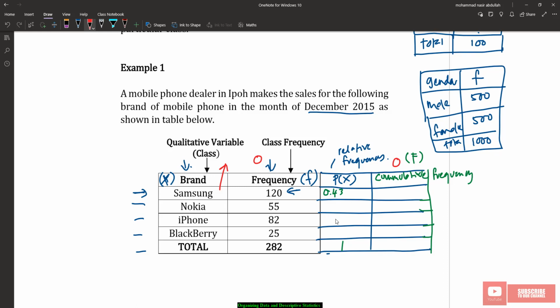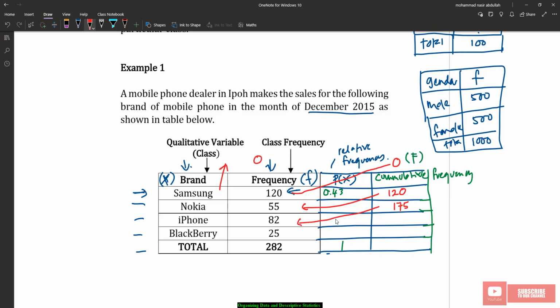Maksudnya, cumulative frequency before class for Samsung plus frequency of Samsung equals cumulative frequency for Samsung. Maksudnya 0 plus 120 is equal to 120. And for Nokia, 120 plus 55 should be equal to 175.